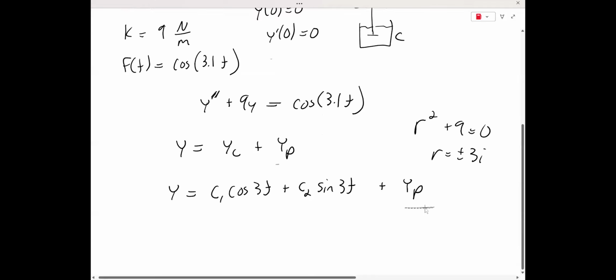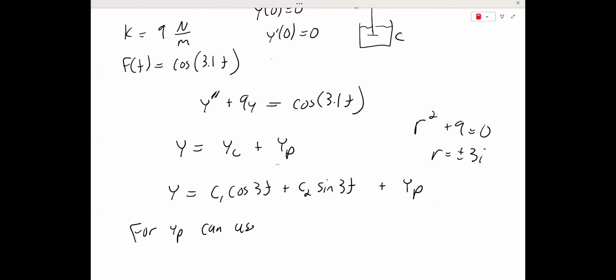Okay, now for a particular solution, y sub p here, you could use either the method of undetermined coefficients, or variation of parameters, right?